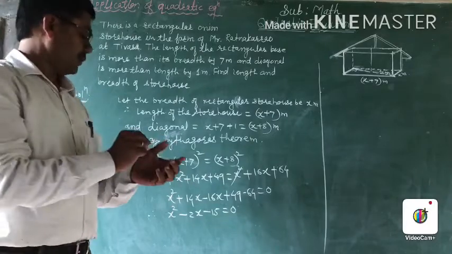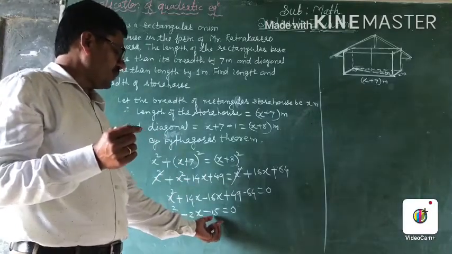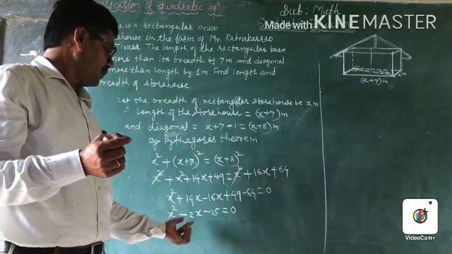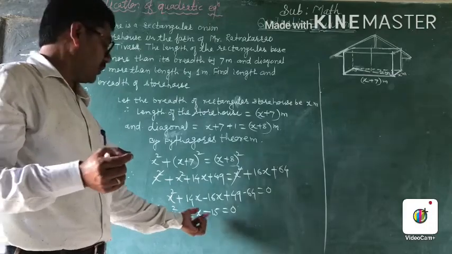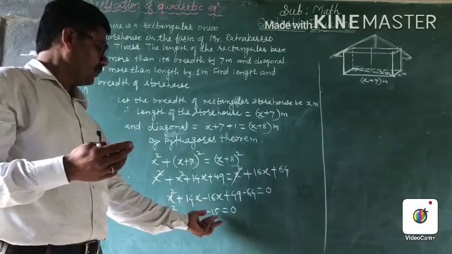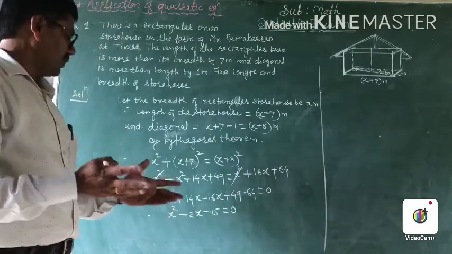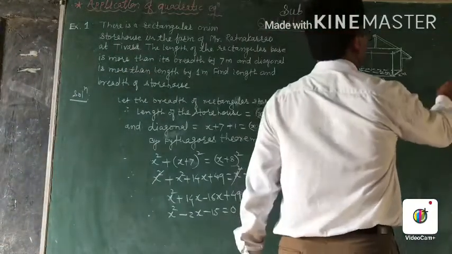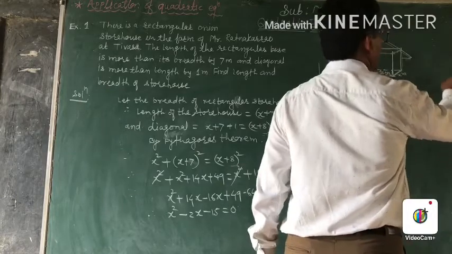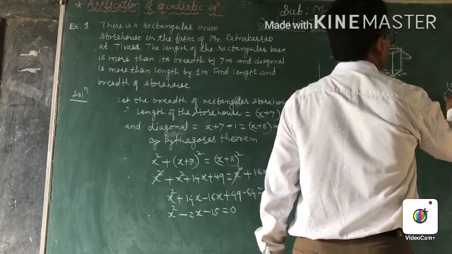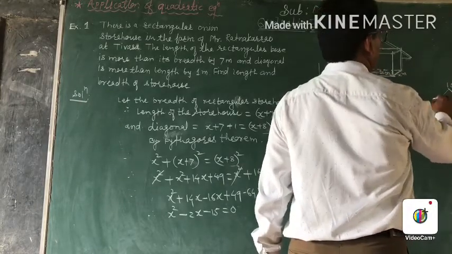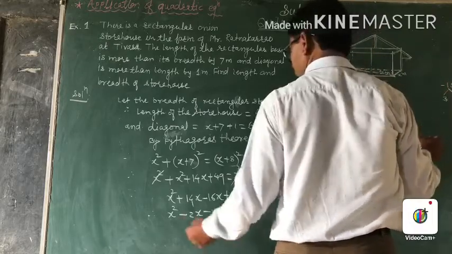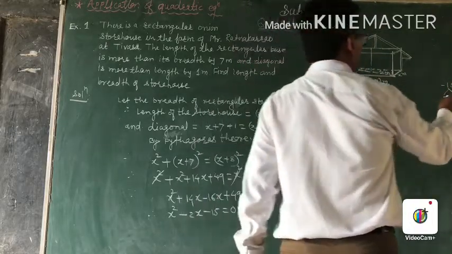The sum of the factors we want here is minus 2. So find the factors of 15 whose difference is 2, with the greater one being minus.